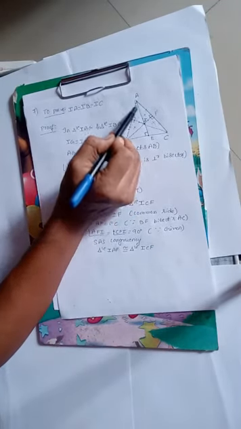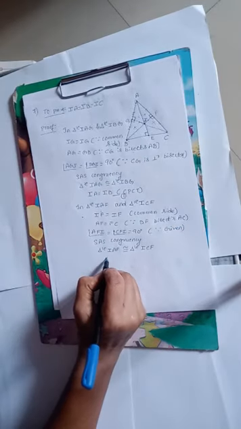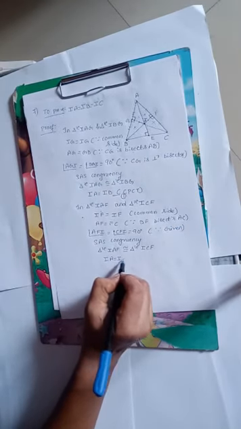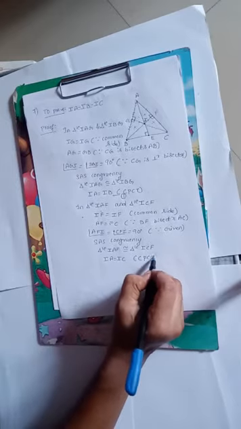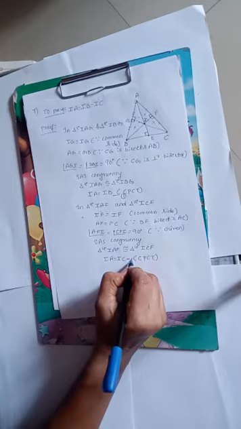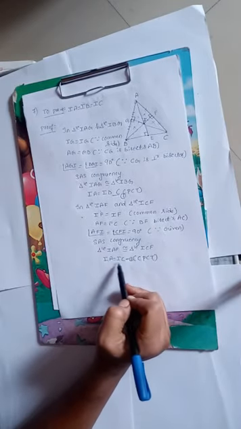Now the congruent part I need is IA is equal to IC. From CPCT, the congruent part of a congruent triangle is equal. Now see here, IA will become equal to IC.